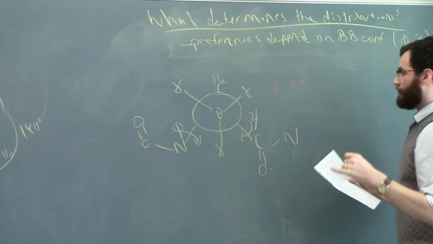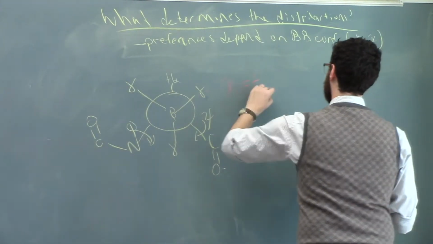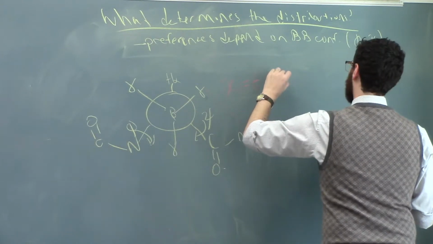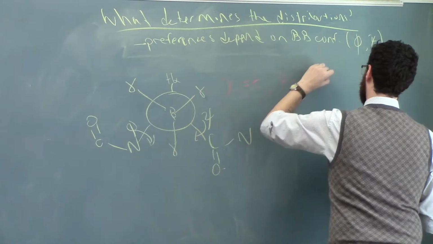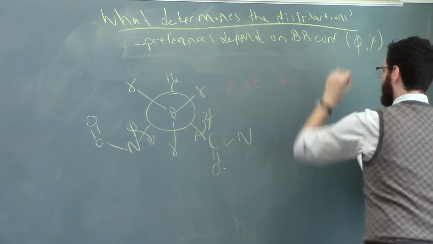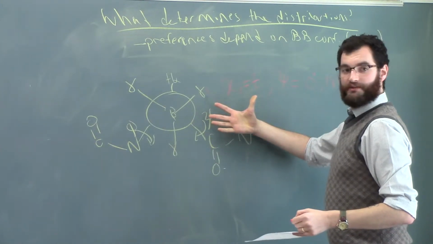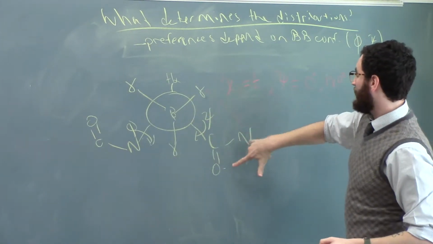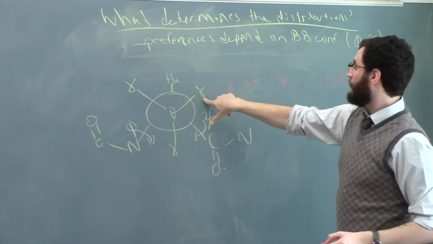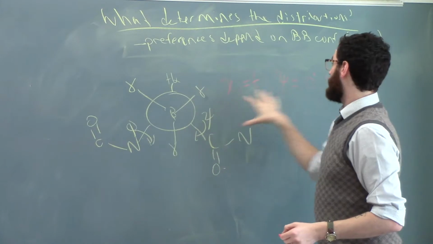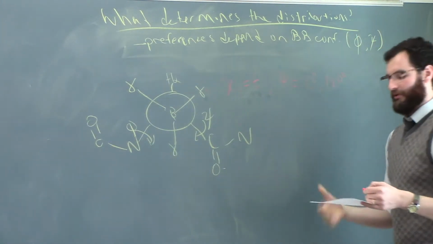So chi1 is trans, that's this guy, the highest priority. And phi is 0 degrees, 180 degrees. So you can see what's going to happen here is that this is going to be rotated. This will be completely opposite, and these guys are going to clash with this, right? So in that case, the trans distribution is going to be a little suppressed. It's not going to be as energetically favorable.